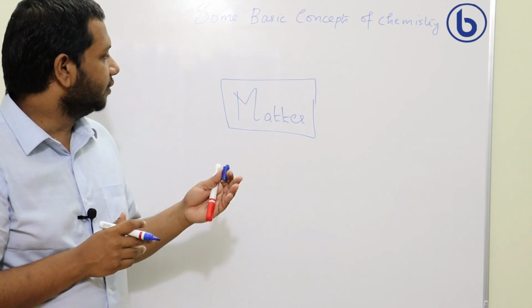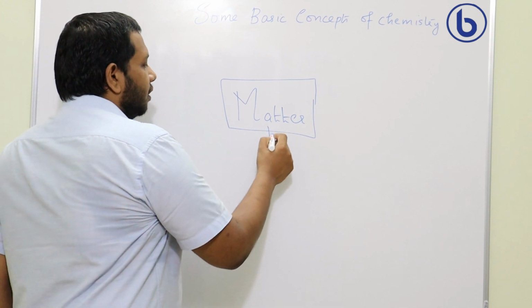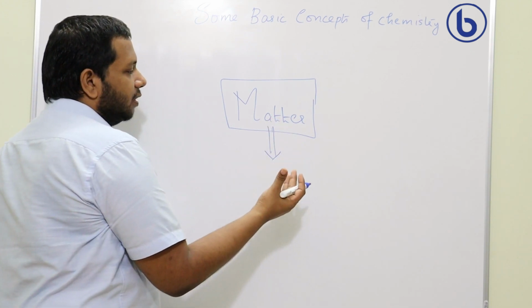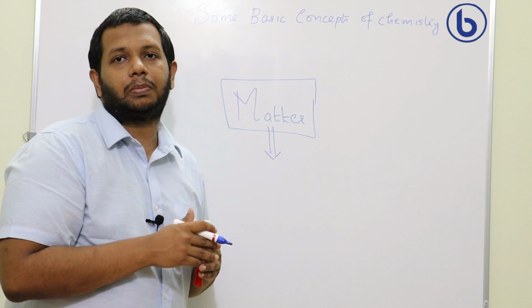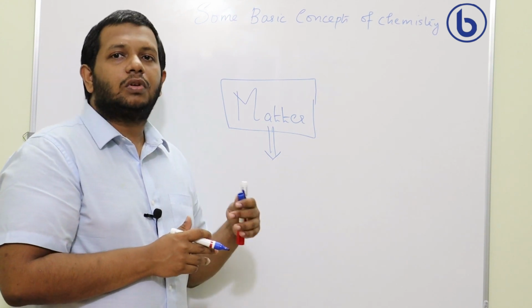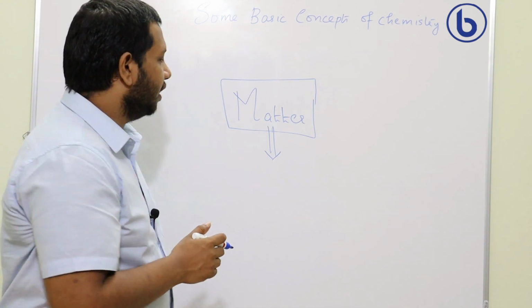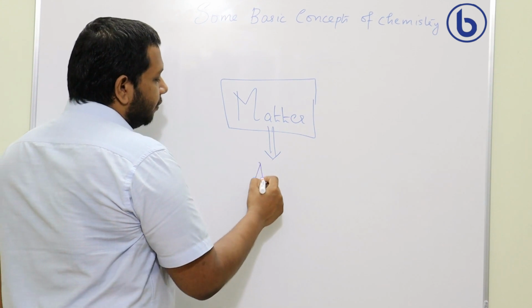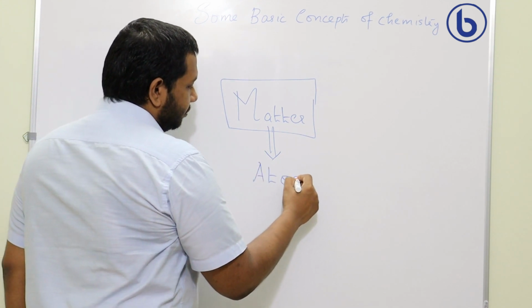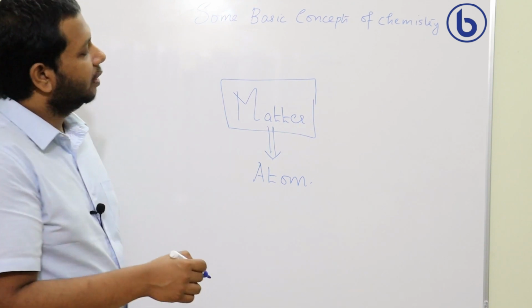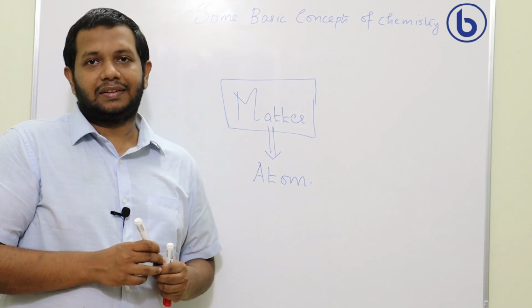We say it is made up of small particles, and the next question is what these small particles are made up of. If you dig like that, at the end of the day the fundamental unit of matter is an atom. So the fundamental unit is the atom.